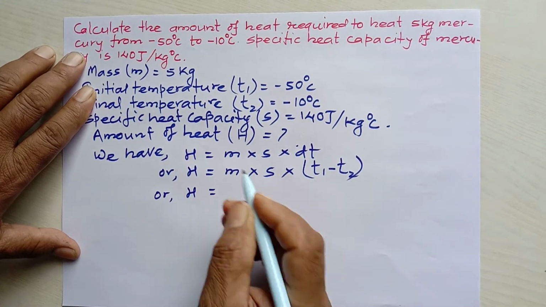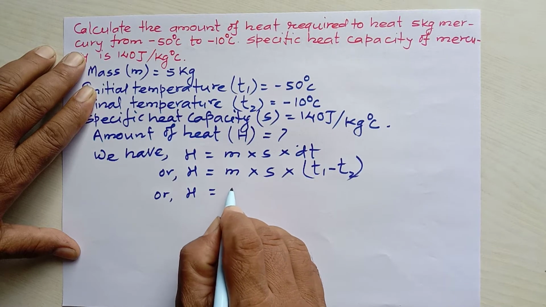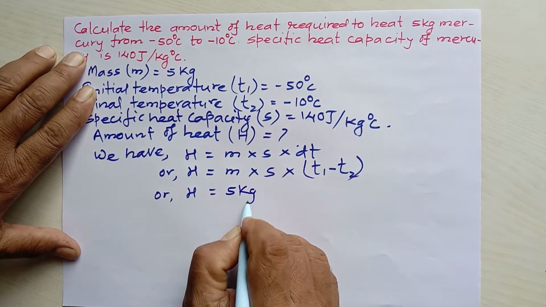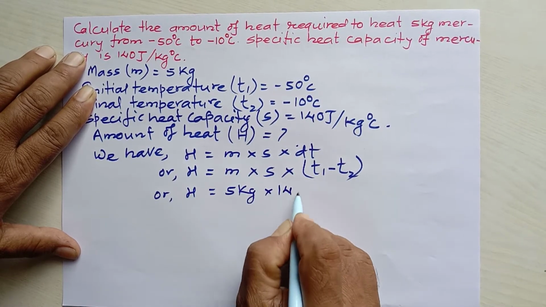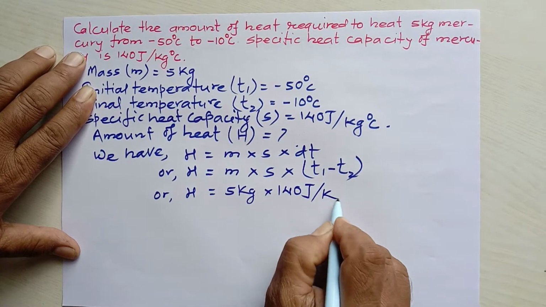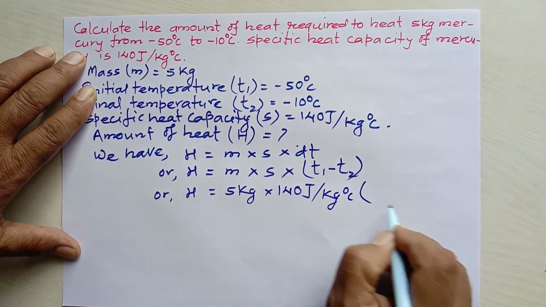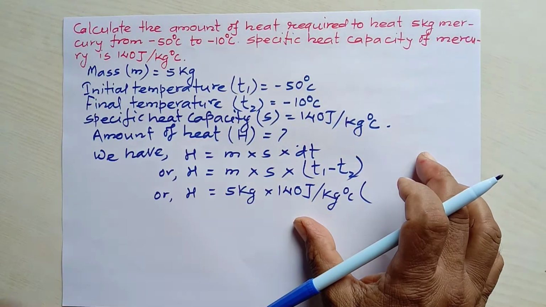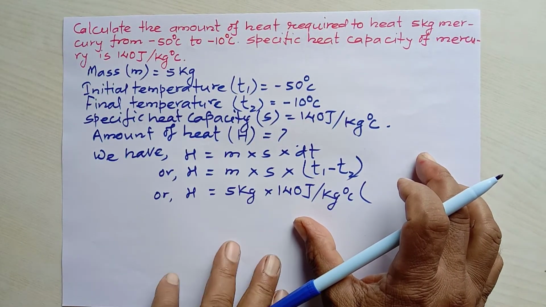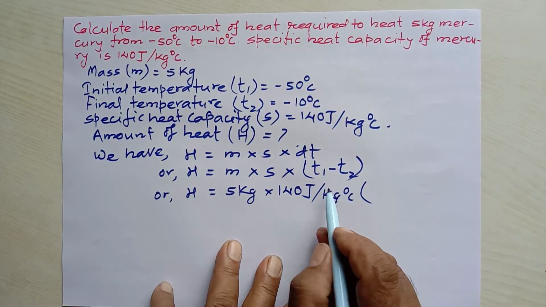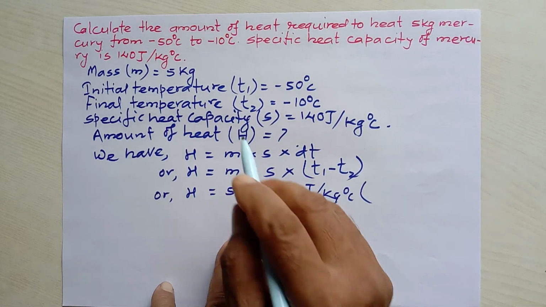Mass is 5 kilogram and specific heat capacity is 140 joule per kg degree Celsius. Now here we have a little confusion, because students think T1 is the initial temperature, which is less.